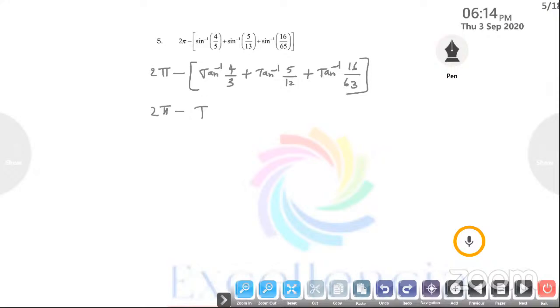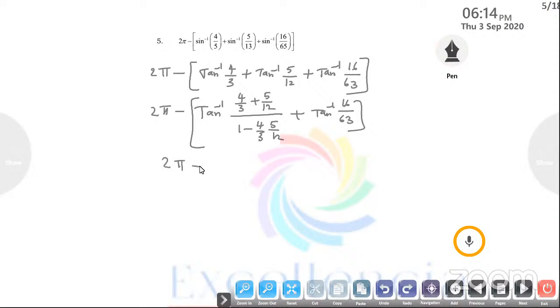So we have 2 pi minus tan inverse of (4 by 3 plus 5 by 12) divided by (1 minus 4 by 3 into 5 by 12), plus tan inverse of 16 by 63. Let us simplify this. This becomes 2 pi minus tan inverse of 63 by 16, plus tan inverse of 16 by 63.